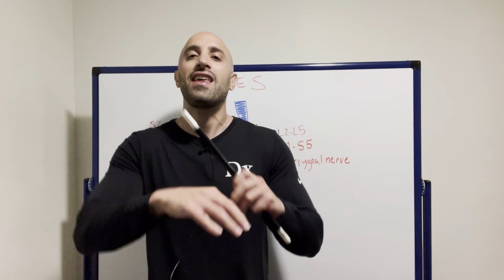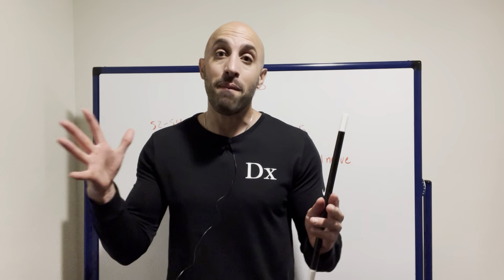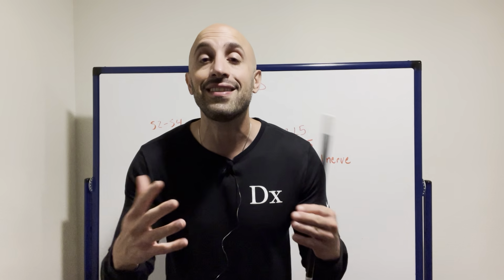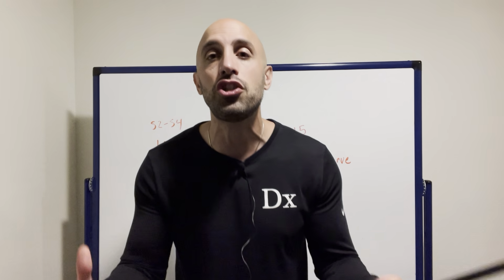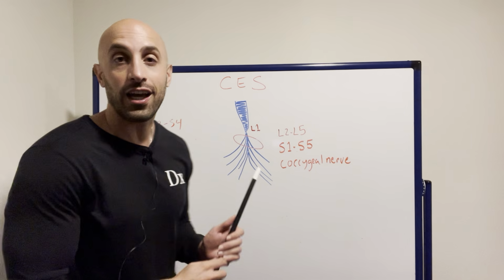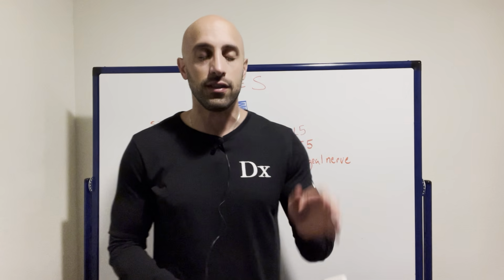Subacute, think more the world of neoplasm, from primary neoplasm to metastatic disease that's compressing, or lymphoma that's compressing, to metastatic disease that's causing leptomeningeal disease, so involving the pia arachnoid. You can definitely get Cauda equina syndrome by involving the leptomeninges.